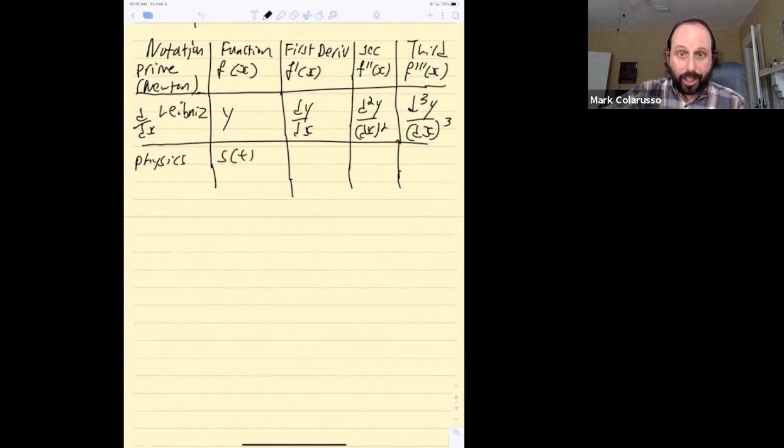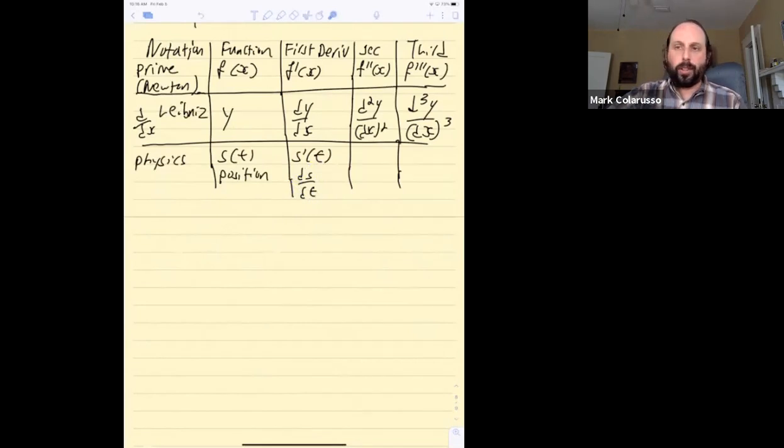Now the variable is t instead of x. The first derivative, and for the physics you can do either notation, but I like the Leibniz notation because it tells you what the units are.